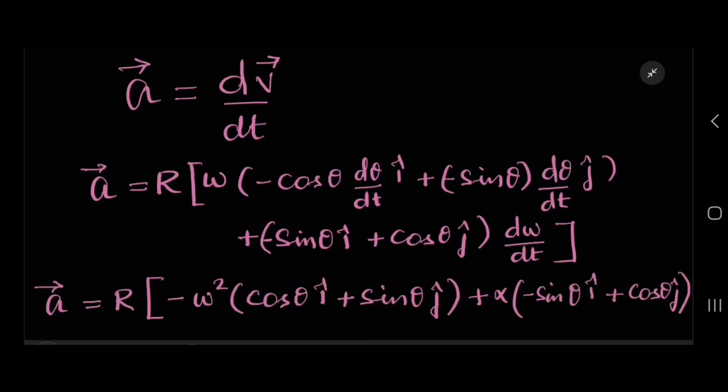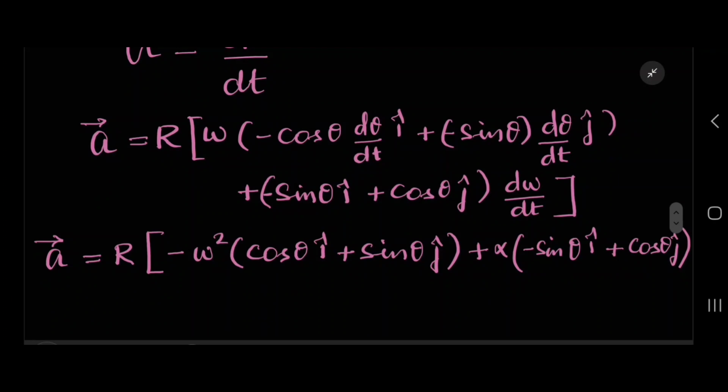Now simplifying this, where I write d theta by dt as omega and d omega by dt as alpha. The first term is minus omega square into cos theta i cap plus sine theta j cap, plus the second term is alpha into minus sine theta i cap plus cos theta j cap.